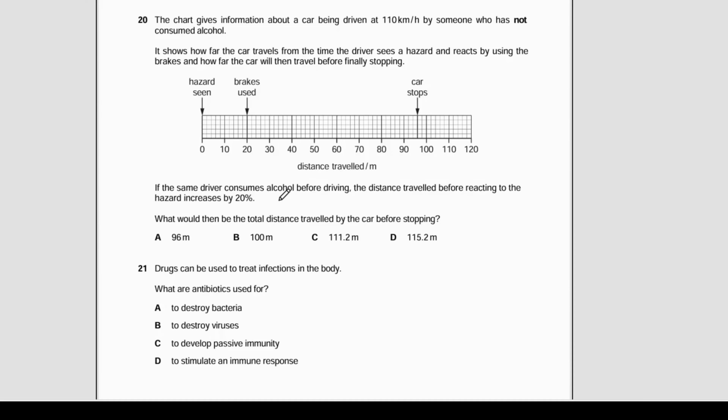Wait, let me check. What's this paper? This paper is this variant.